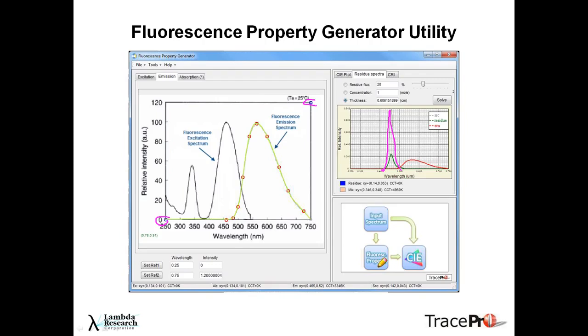Here's the residual spectrum. This is the blue light that gets through the phosphor. And then here's the phosphor emission. Combined, these two will make up the white light. So we can go up here, change the residual percentage, and see what our resulting color temperature and CRIs are going to be.